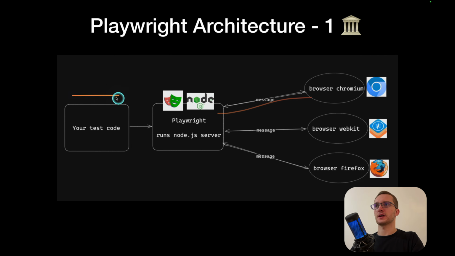Okay, and this is how it happens. So it reads your test code line by line, then sends messages to the browser, and then the browser sends messages back, letting Playwright know that, okay, continue, read the next line. And this happens the same for all browsers.